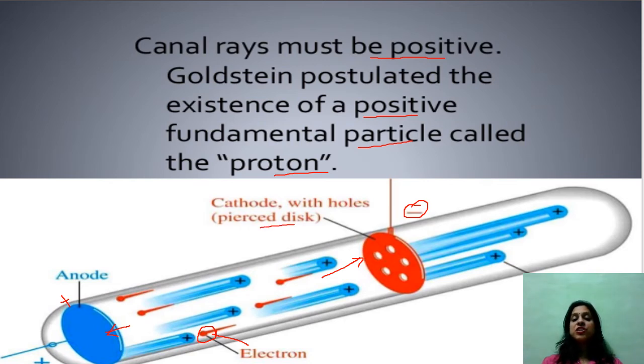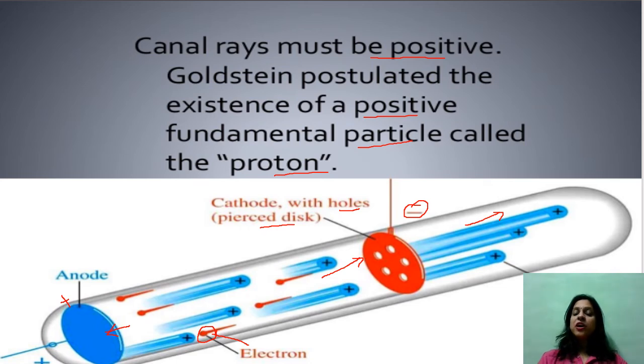Pierced disc means which is having holes. तो इसमें holes थे ये बने हुए आपके, and because of which these particles pass through these holes and ये पहुंच गए आपके. So that's why this is also known as a what? Canal rays or anode rays, क्योंकि ये anode से होके cathode की तरफ जा रहे थे. So these are known as anode rays.